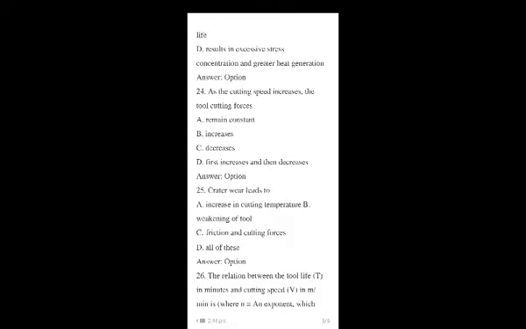As the next question, as the cutting speed increases, the cutting tool forces decrease. Next question, crater wear leads to... here D option is there, that means it leads to the above three effects.